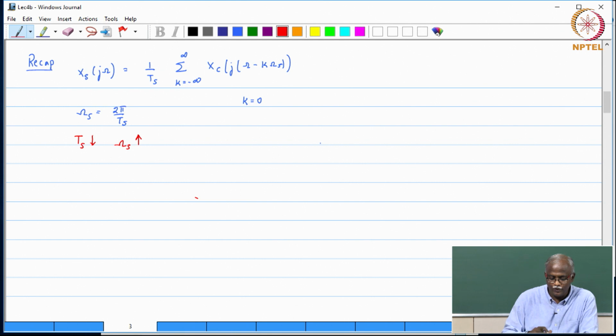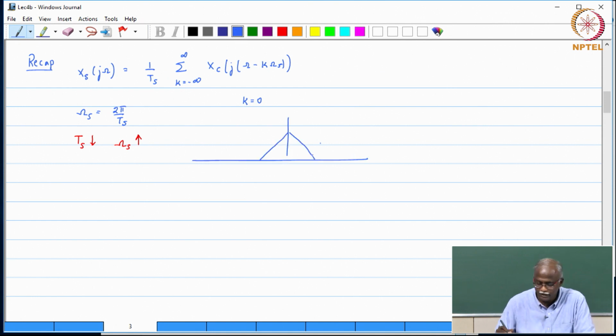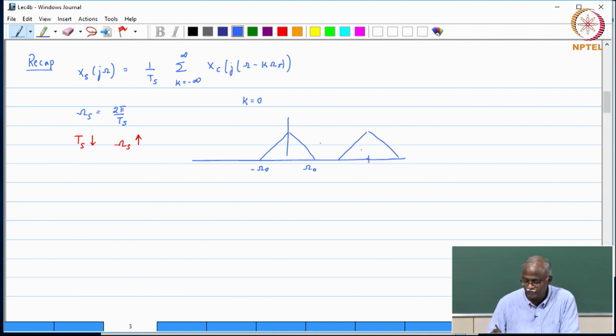I suppose it is obvious from the fact that omega s is equal to 2 pi by Ts that they are inversely related. What is more important is the corresponding frequency domain interpretation, which I would like you to keep in mind. Basically, if I have a signal that is band limited from minus omega naught to omega naught, I sample it at some omega s that satisfies the Nyquist criterion.